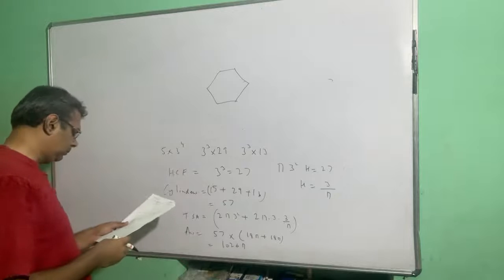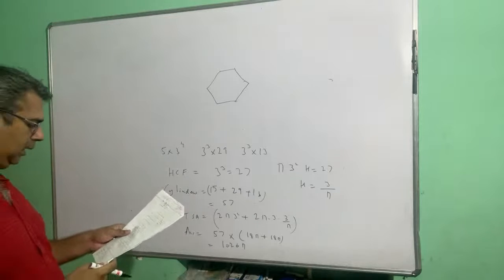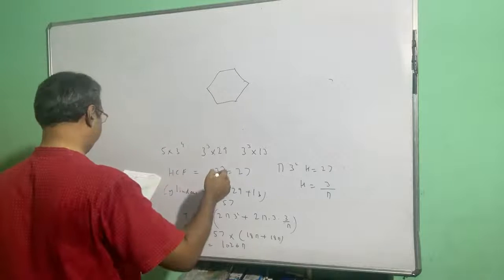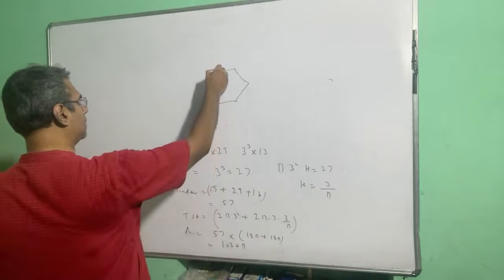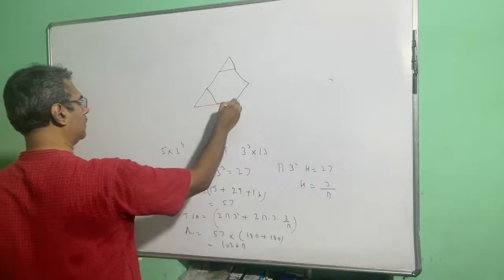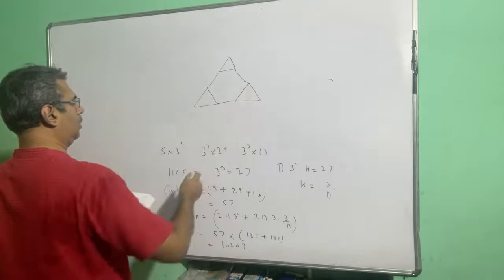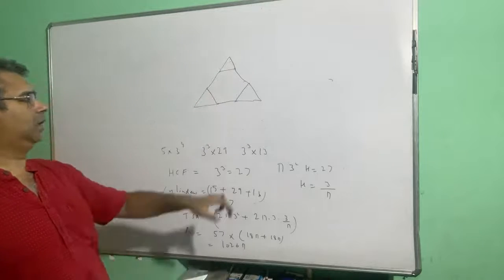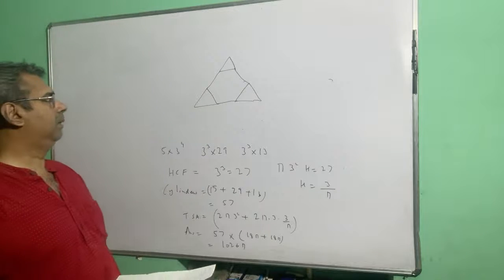Now you have been told that corners have been cut off from an equilateral triangle.